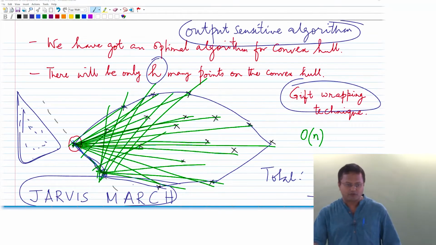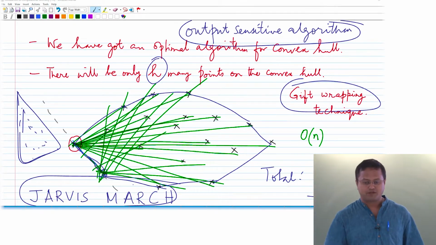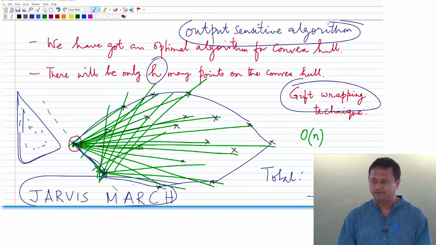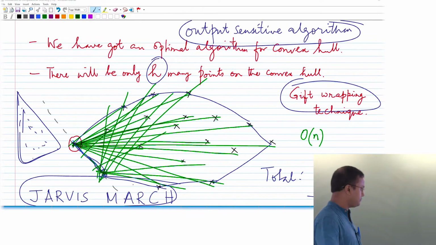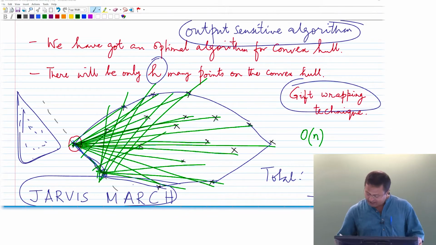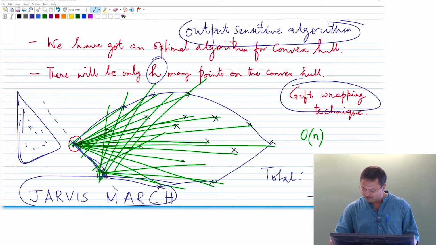This is a nice algorithm, very simple, and if your H is small, we are in business, we are doing very good. Okay. Now, our next goal is, let us be ambitious.